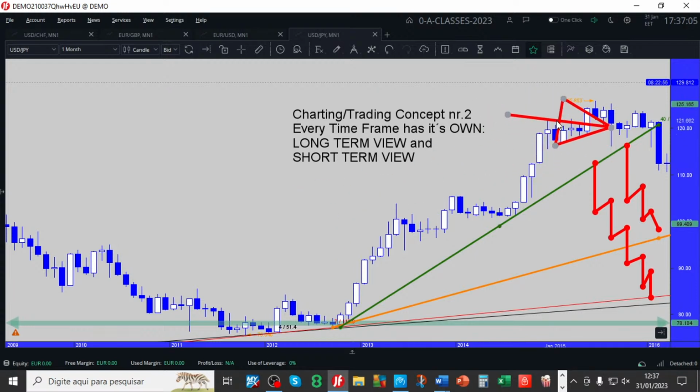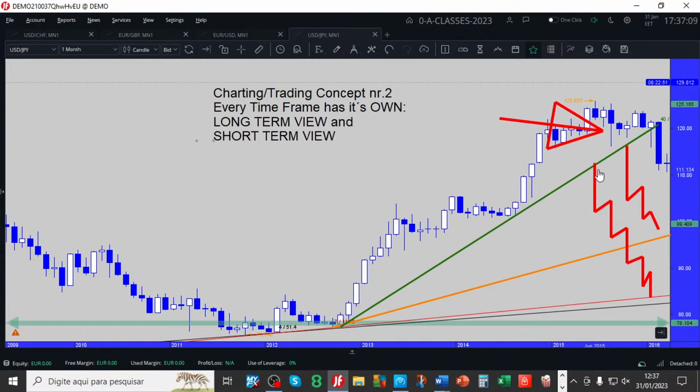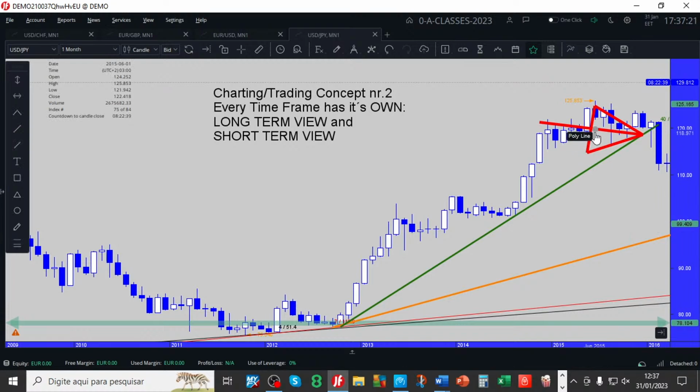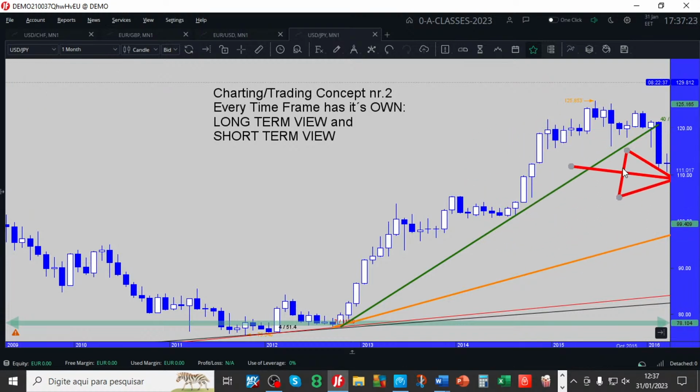Okay, so here is the lesson. This market broke the aggressive uptrend line on the USD JPY monthly chart, but you are not aware, and I'm going to take the desert island example.